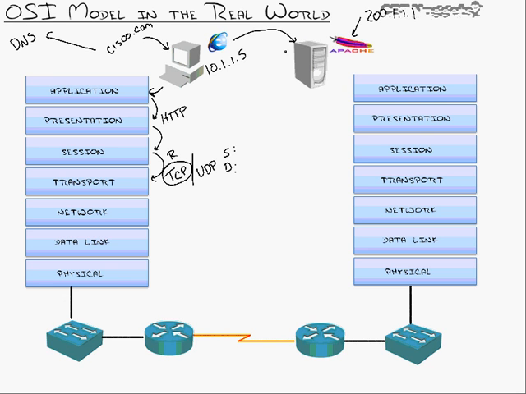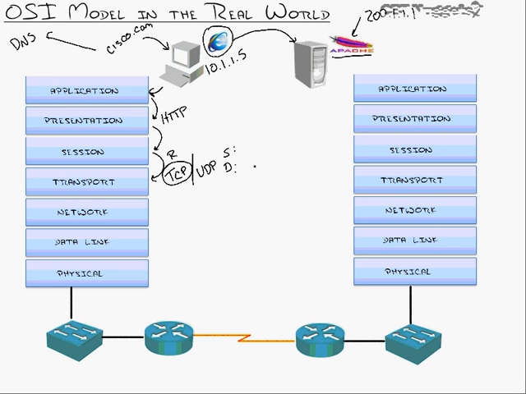Or what if it was also a database server? So it does three functions. It's a web server, an email server, and a database server. We need to make sure that the message coming from Internet Explorer gets sent to the web server application, which is Apache in this case. That's my little flower or feather right there. I want to make sure that that message goes up into the web server software and doesn't get grabbed by the email server software and think I'm requesting some sort of email message or something like that.